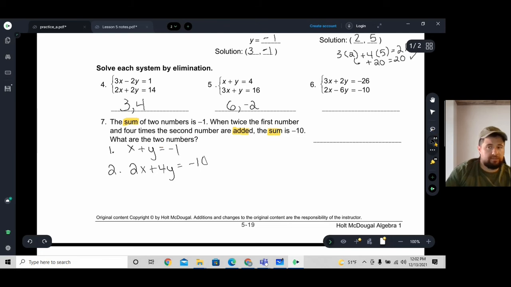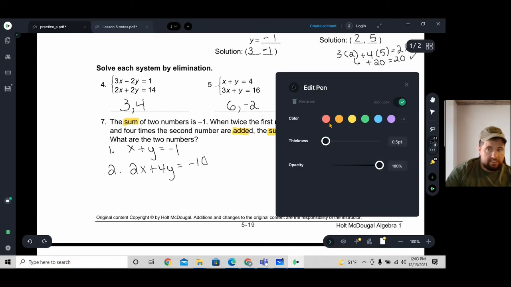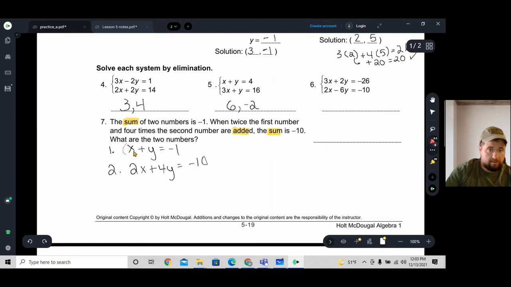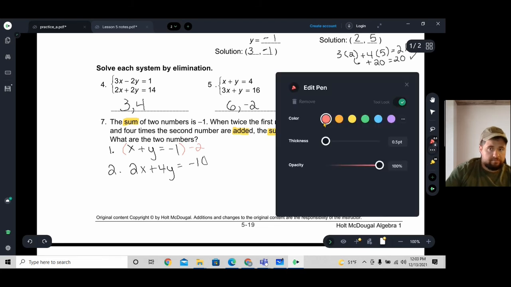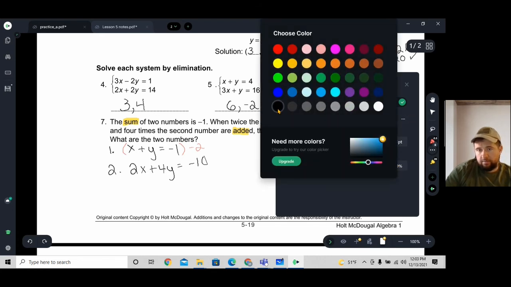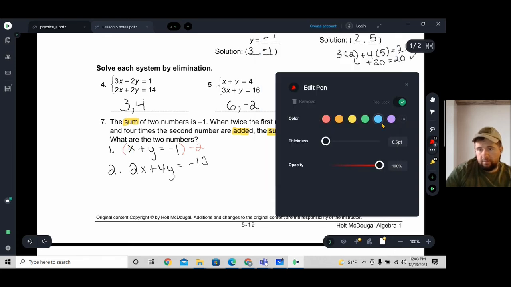So what I'm going to do is take my top equation and multiply my whole top equation times negative 2.